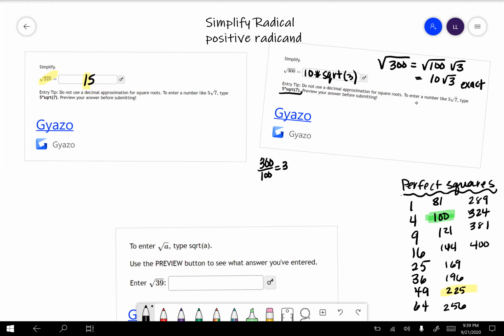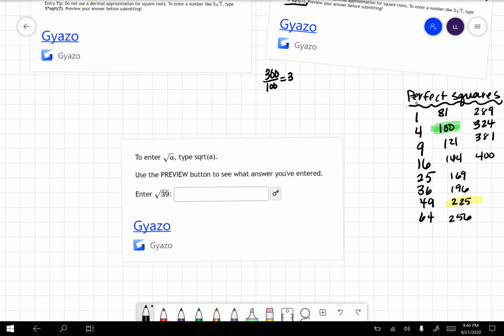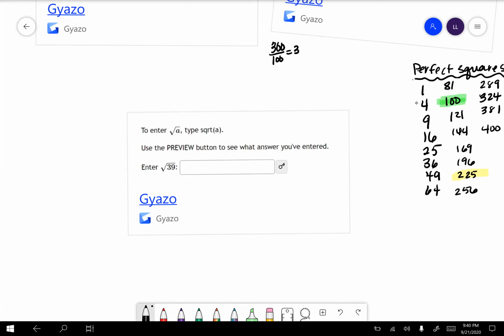All right, now let's go to this last example. In our last example, we are going to find the square root of 39. So you have to think to yourself, like we thought up there, what perfect square goes into 39 evenly? So I go down my list. I know that I've got to stop at 36 because 49 is too big.